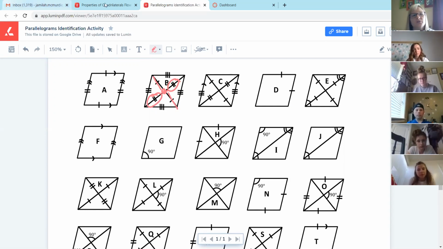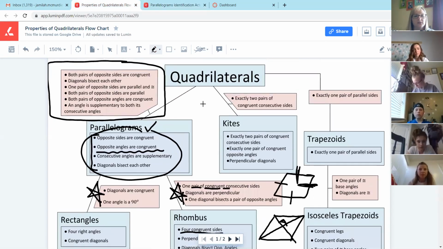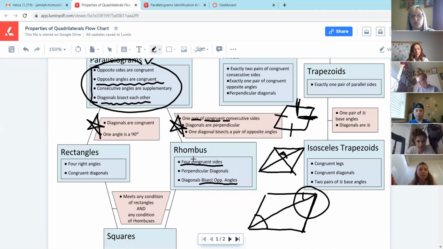So look back at your flow chart. It looks like in a parallelogram, diagonals bisect each other. That's just a property of parallelograms. On that one though, we knew that 4 congruent sides, so B is going to be a rhombus.